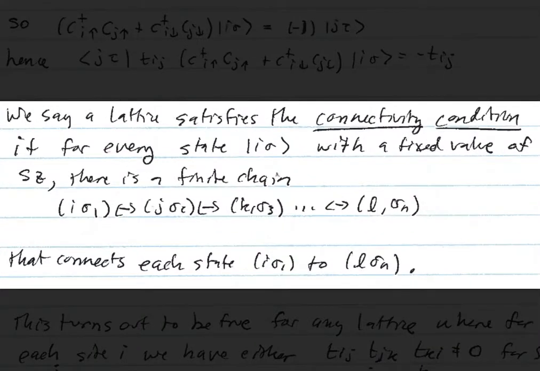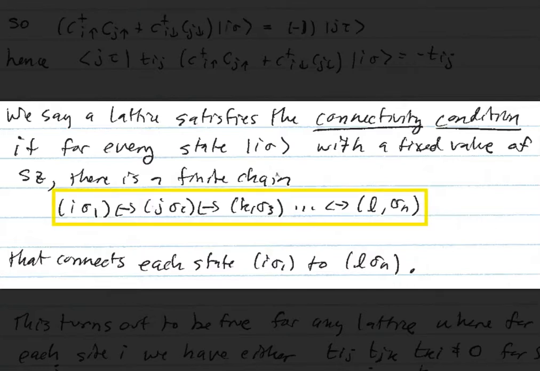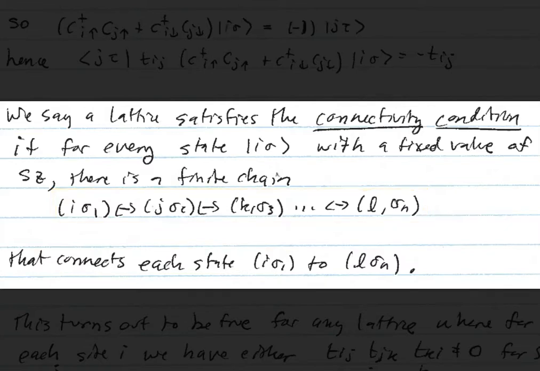Now, the second condition we have to look at is we're going to say that a lattice satisfies what we call a connectivity condition if for every state Iσ with a fixed value of Sz, so that's just the sum of all of the σ_i's, there is a finite chain starting from Iσ_1 through Jσ_2 to Kσ_3 all the way to Lσ_n that connects each state Iσ_1 to Lσ_n.